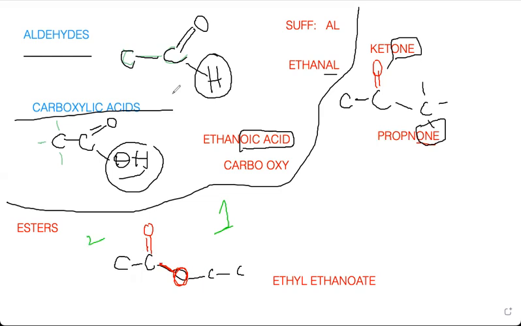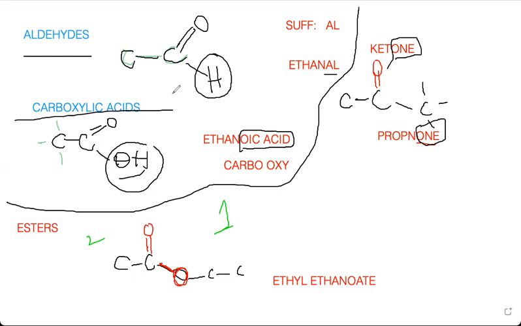In aldehyde or in carboxylic acid, the functional group is present at the last carbon, the corner carbon, while the ester and the ketone functional group are present in the middle carbon.